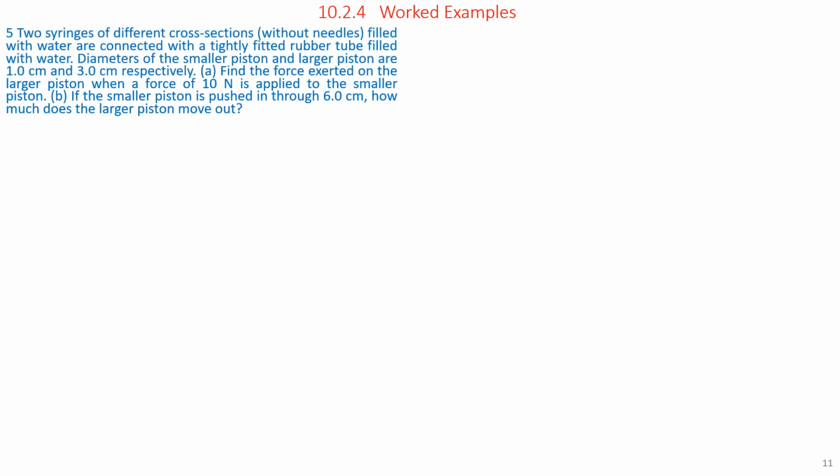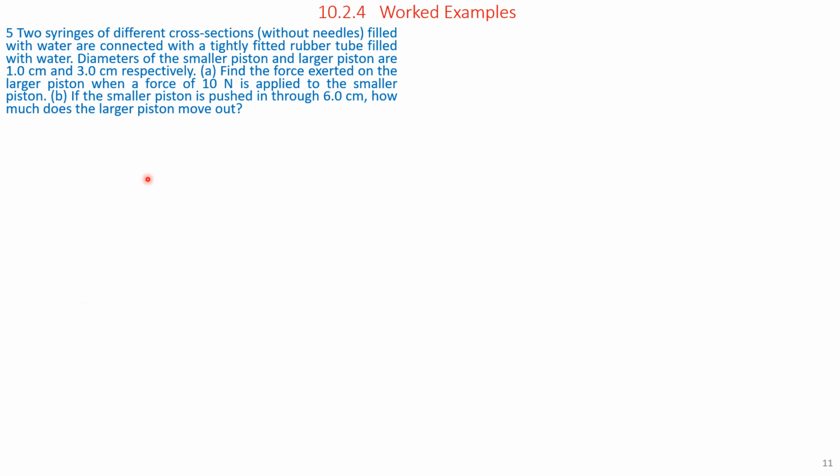Let us solve two worked examples on application of Pascal's law and hydraulic machines. Example number 5. Two syringes of different cross sections, without needles, filled with water are connected with a tightly fitted rubber tube which is also filled with water.